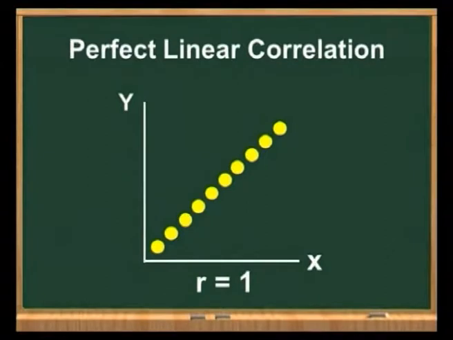A perfect correlation between x and y, as depicted in figure 8.1, has an r value of 1. As x changes, y increases by the same amount as x, and we would conclude that x is responsible for 100% of the change in y.